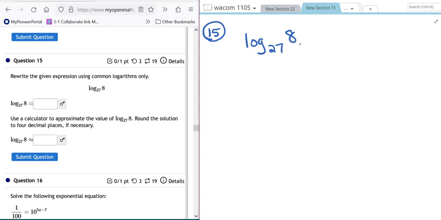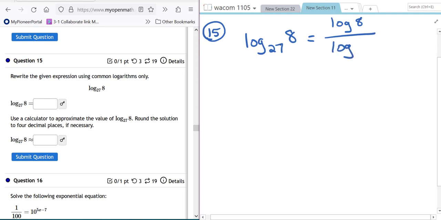This one says use common log, so I need to use the word log. So take the logarithm of the number that is higher up in position. So 8 is higher. So take it on top over the log of the one that's down low, 27. And now it's log base 10.